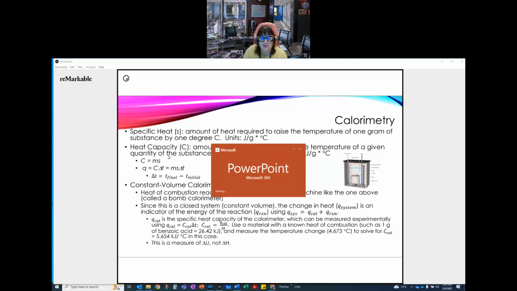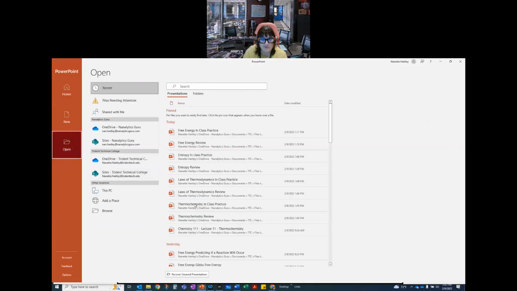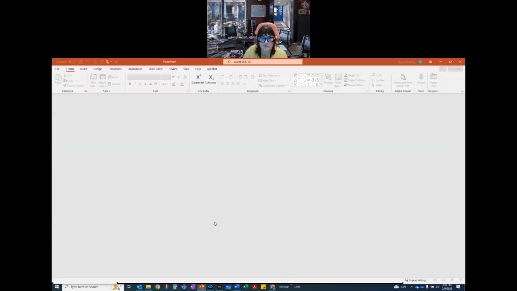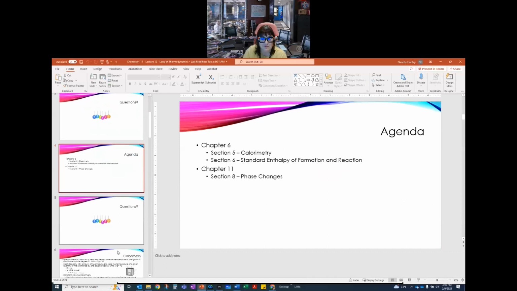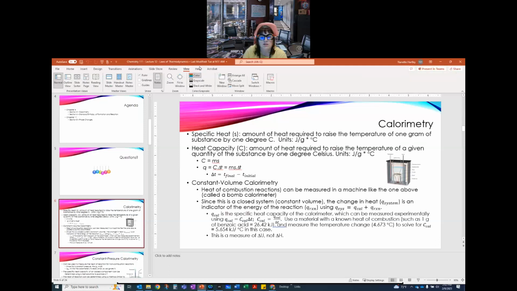There's more than one way to skin this cat. I'm going to go into Zoom because I can't see.